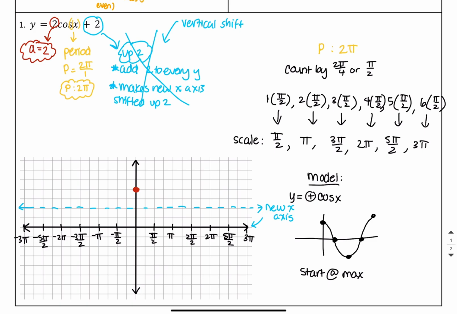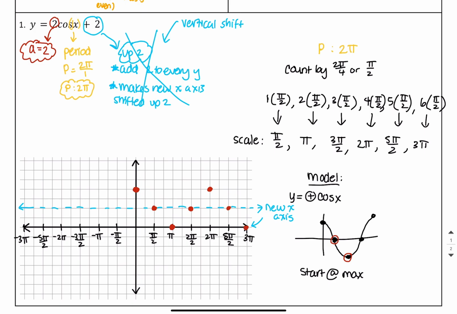And then at the next special place, I'm going to be at the middle, which would mean I'm going to be at the new x-axis. Then at pi, which is the next special place, I'm going to be 2 down from the middle, which is here. And then I'm going to go back to the middle, or the new x-axis there, and then up, and the middle, and down.